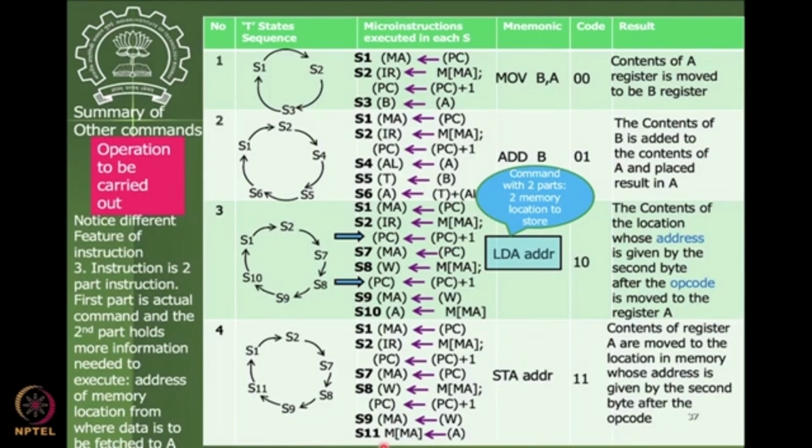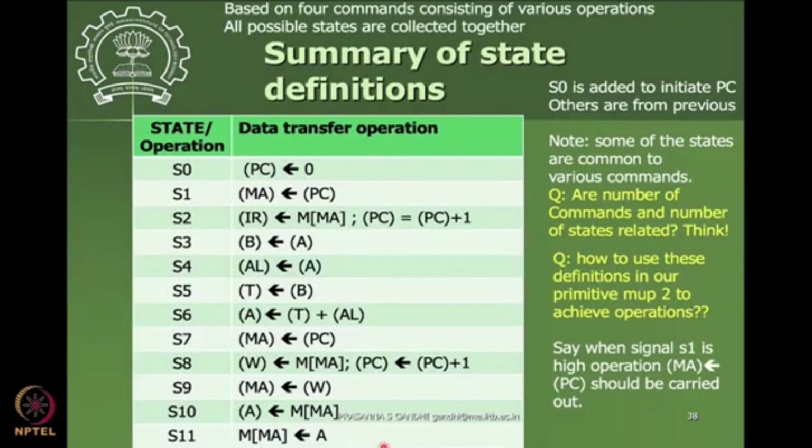The logic will be a little more complicated and more involved, so we'll just get a small glimpse of that. These are 11 distinct operations, which are called the states here. Now we want to have these states executed in one particular way when command 1 or command 2 is issued.